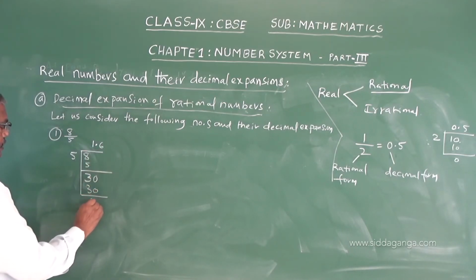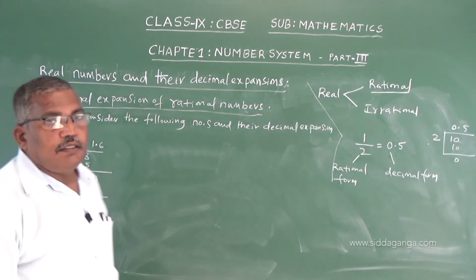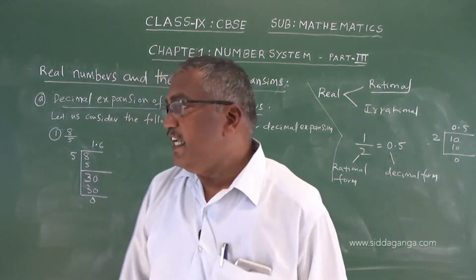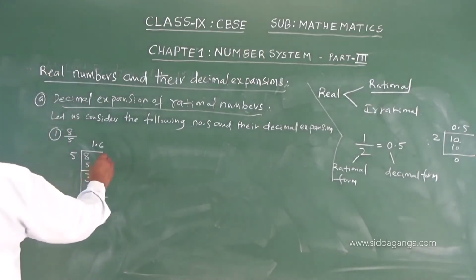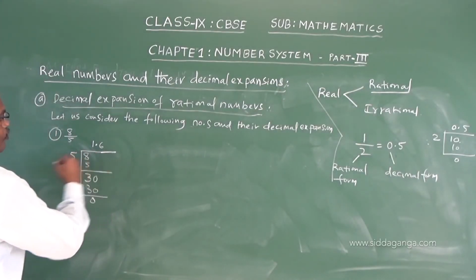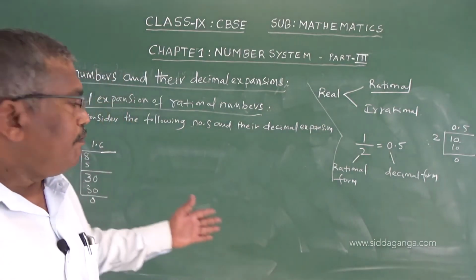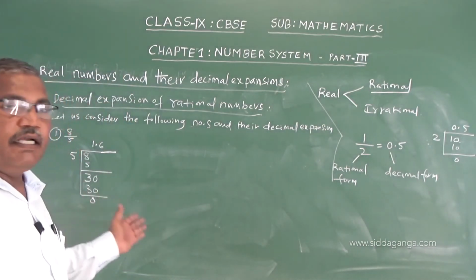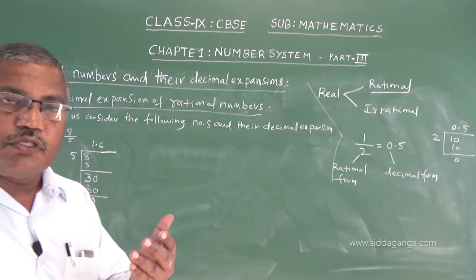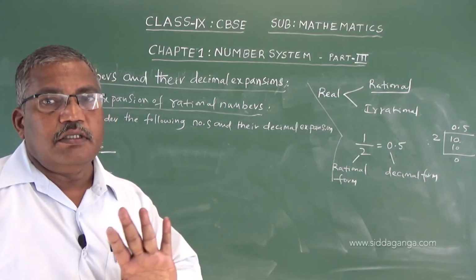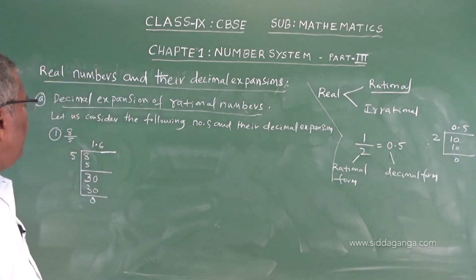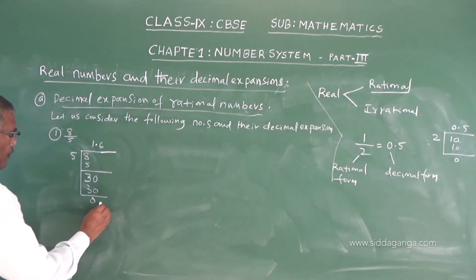So we will get 0 remainder. Now we say the division process is terminated. So whenever we get 0 remainder, the division process terminates. It is over.